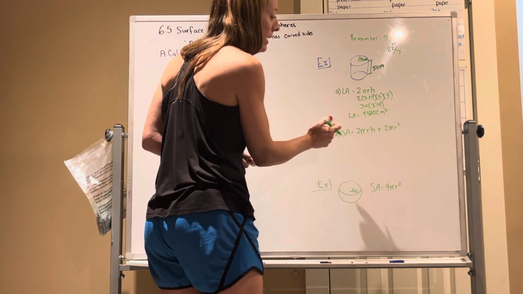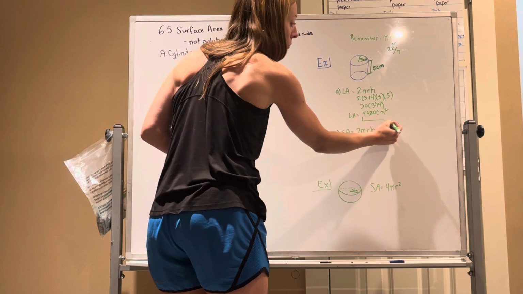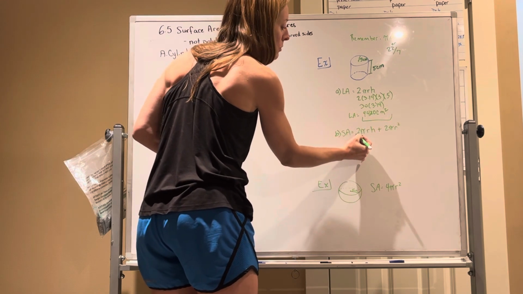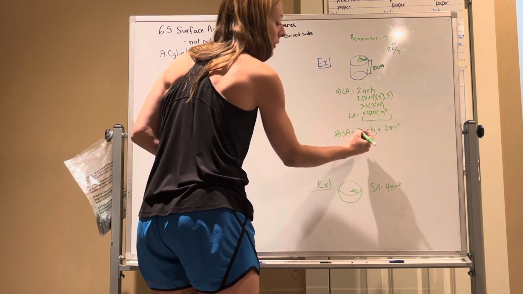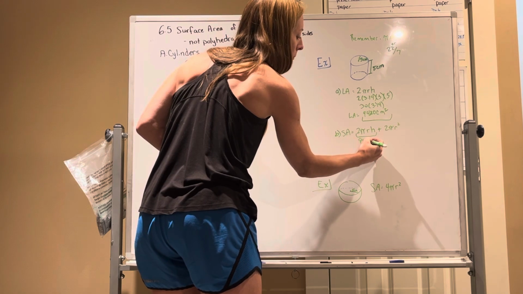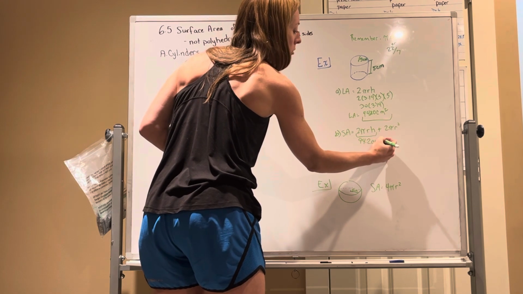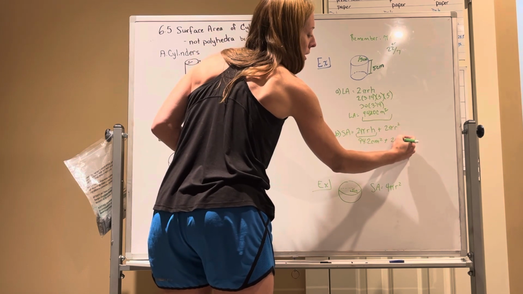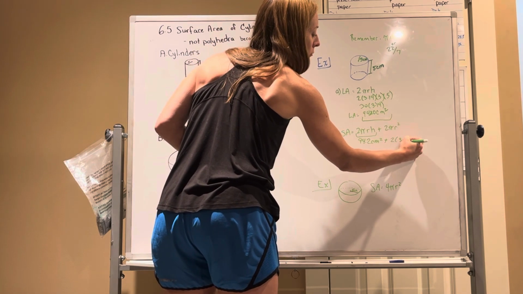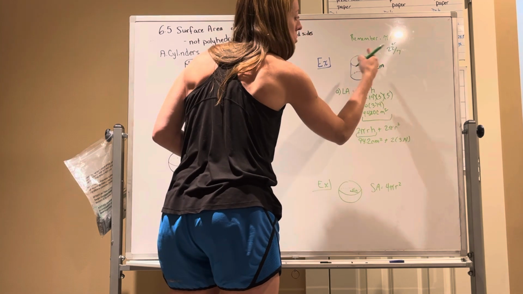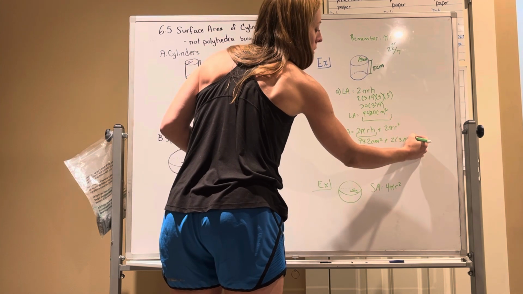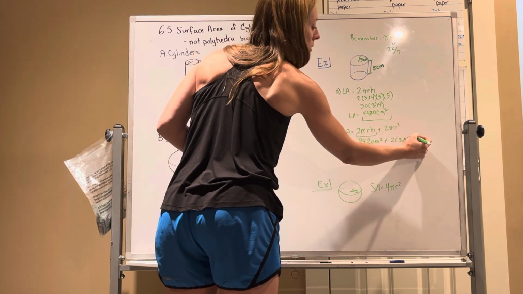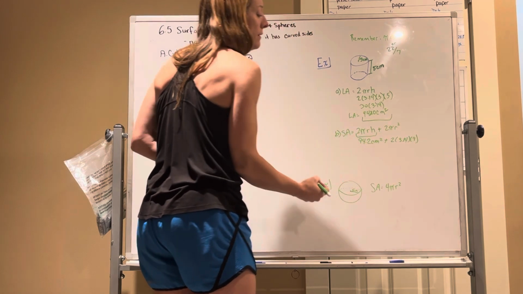The surface area, no need to redo that work. This right here is the lateral area. So we'll just go 94.2 centimeters squared plus 2 times 3.14 times radius squared, so 3 squared is 9.